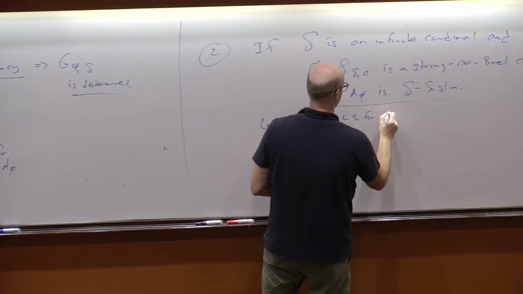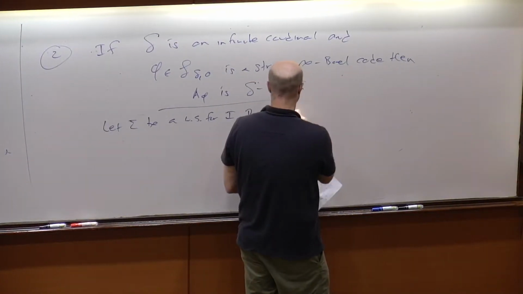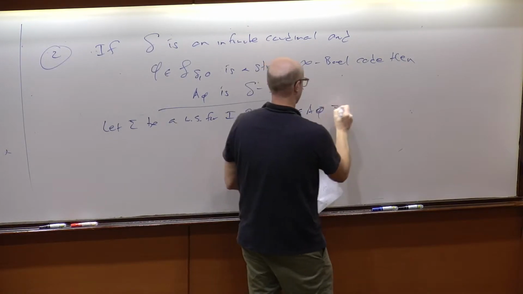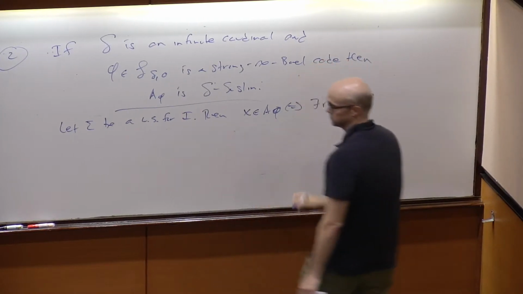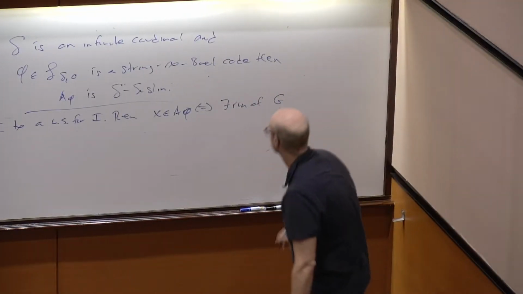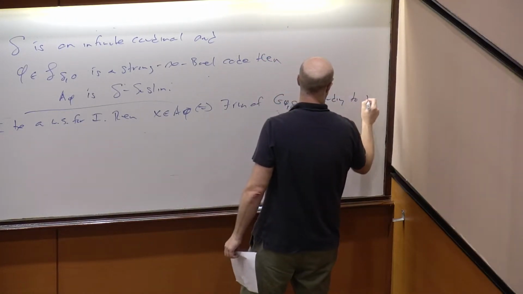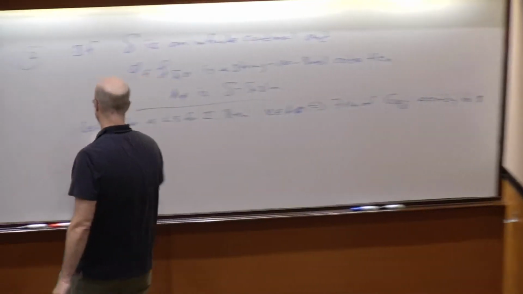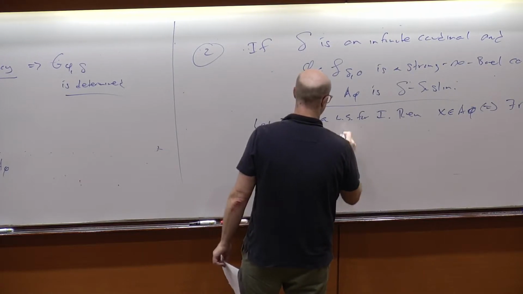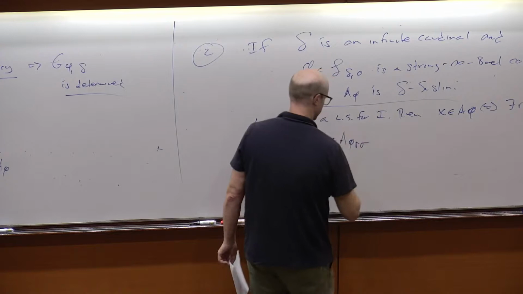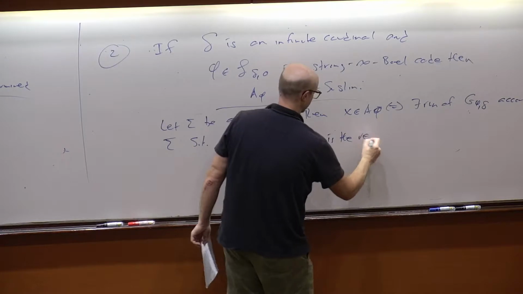Then X is in A phi if and only if there is a run of the game, G, whatever I called it, C delta, according to the strategy sigma, such that X is in A phi restricted to little sigma, where sigma is the result of the play, the result of the game.